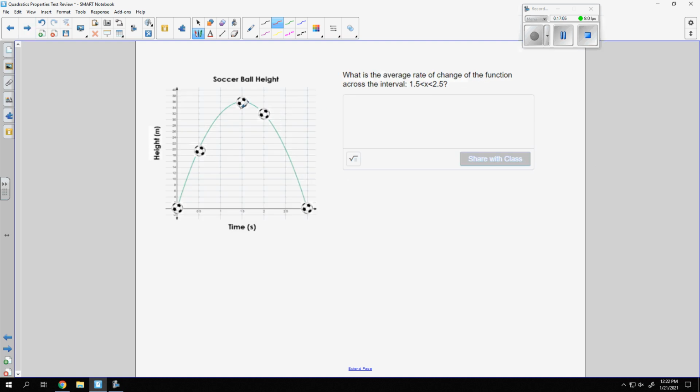Average rate of change now from 1.5. And that should be 36, 2.5, 20. So what's the slope of those lines? 20 minus 36 over 2.5 minus 1.5. 20 minus 36 should give us a negative 16.